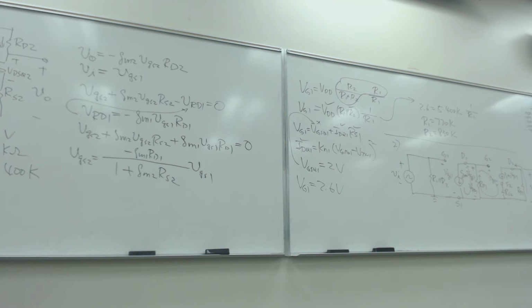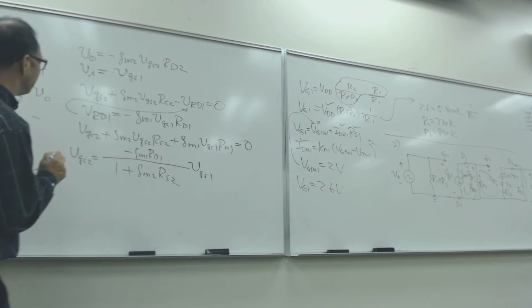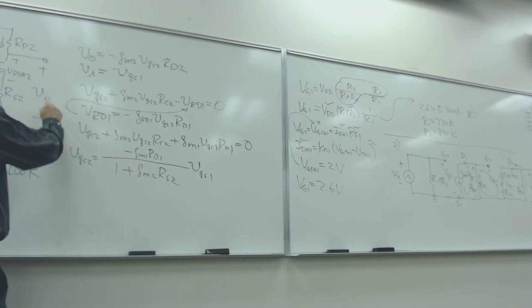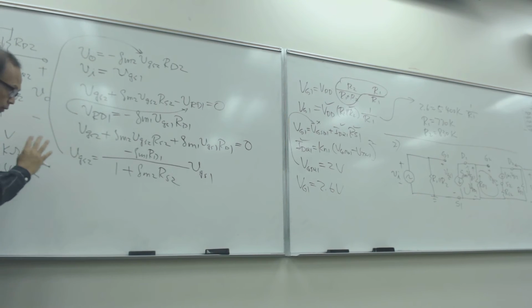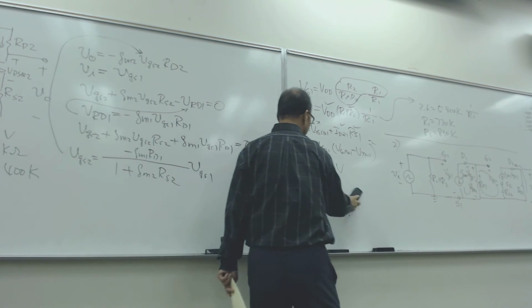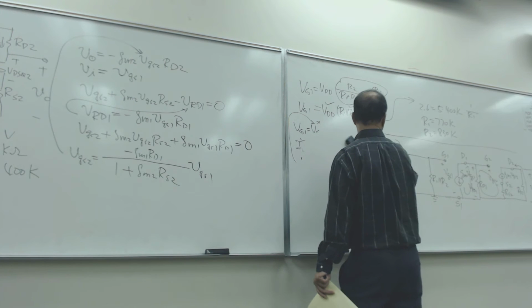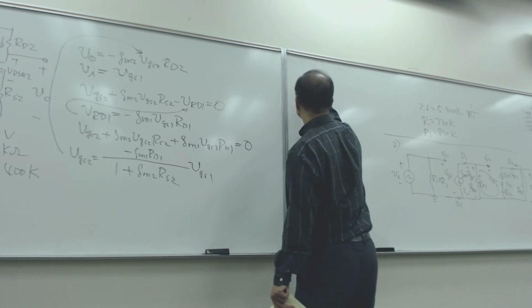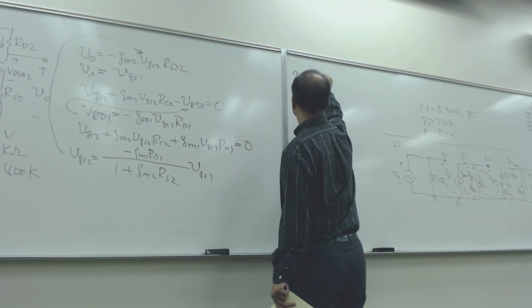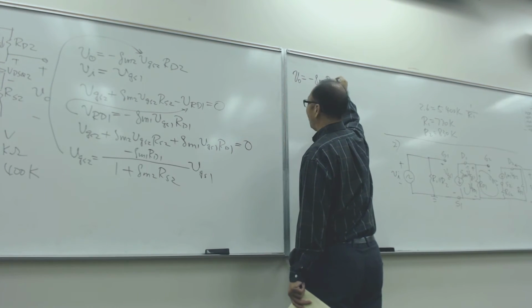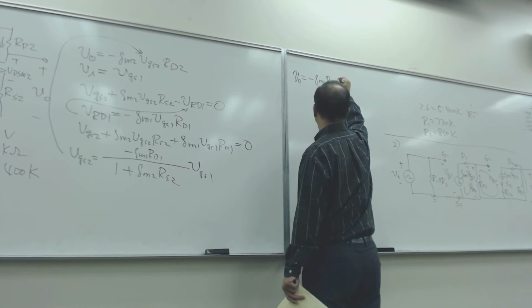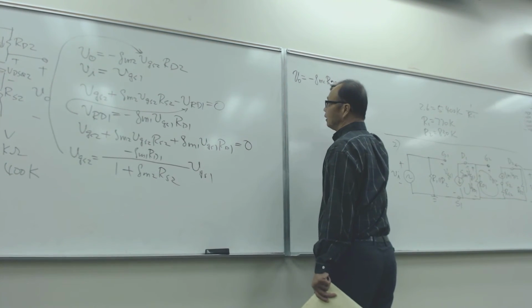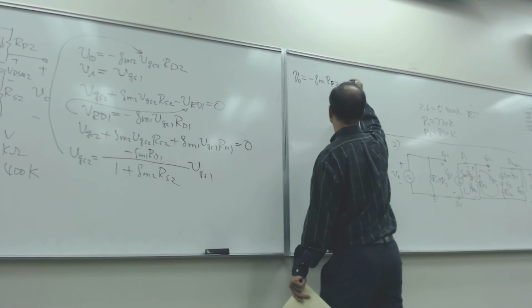Nothing much, right? Okay, so now what can I do? I can put this here, right? Then this would be a function of VGS1. Okay. Keep that. So now your V0 will be minus GM2 RD2 times that.